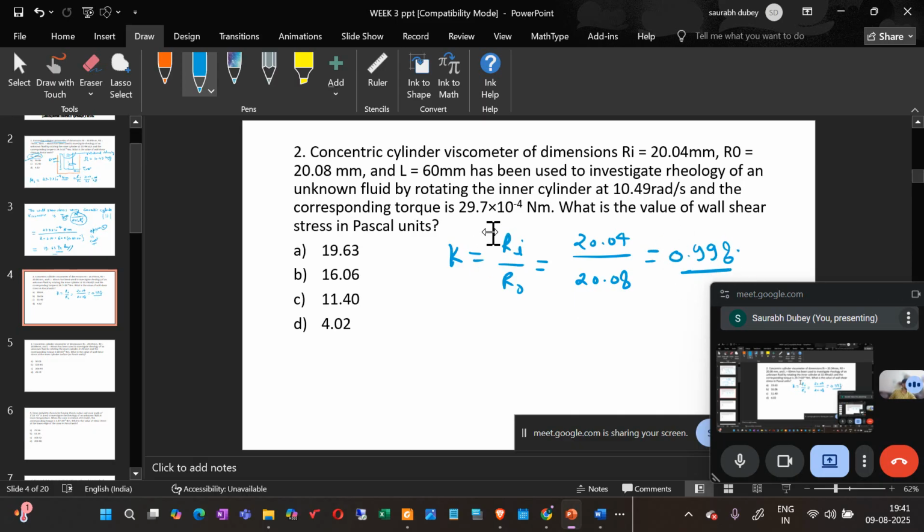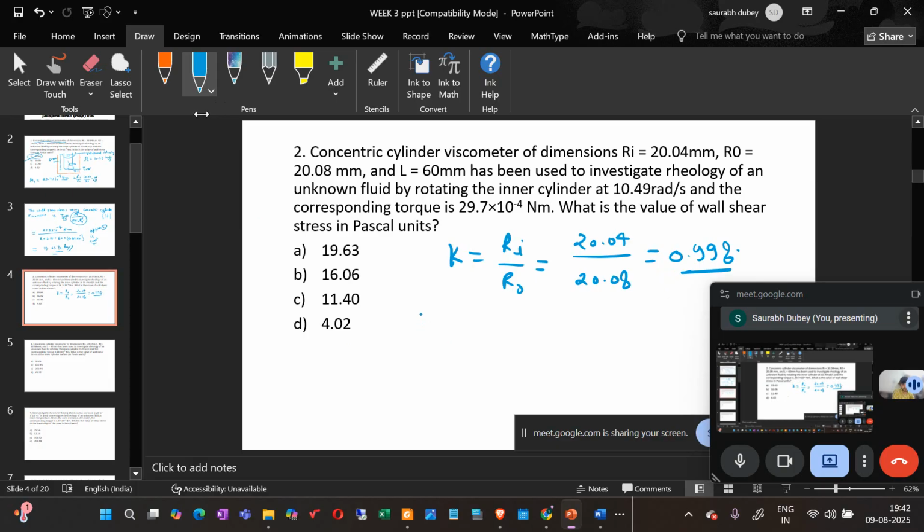Means R_i is almost similar to R_0, 20.04 divided by 20.08. Under this condition it is not exactly similar, rather you can say that the gap between the two cylinders is very narrow. Still the inner cylinder is rotating with the rotational velocity of 10.49 radian per second.